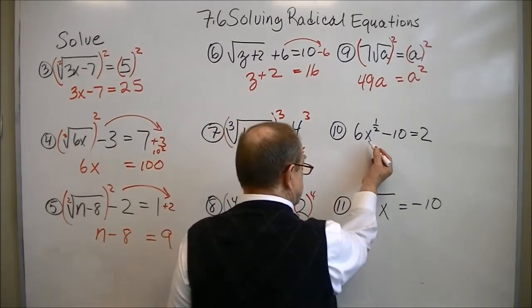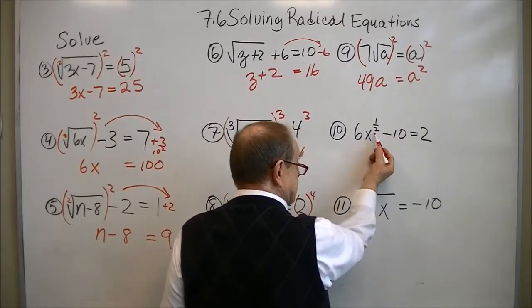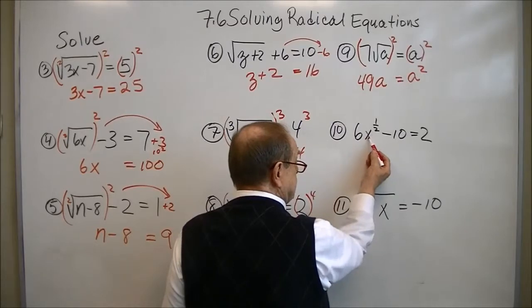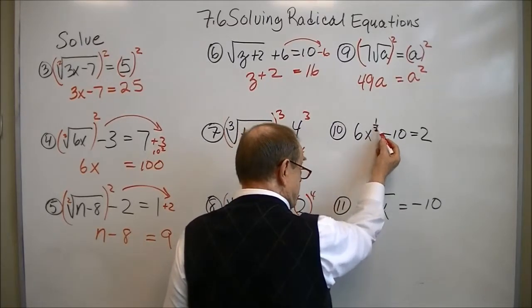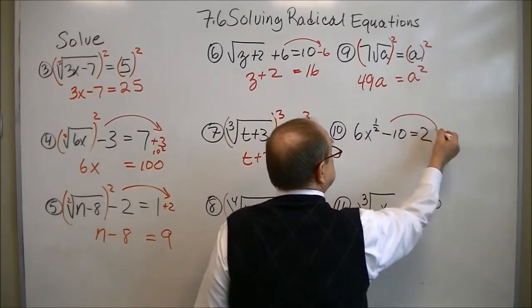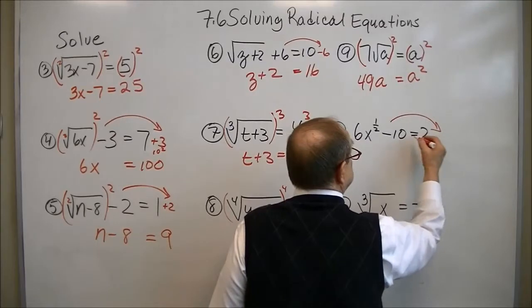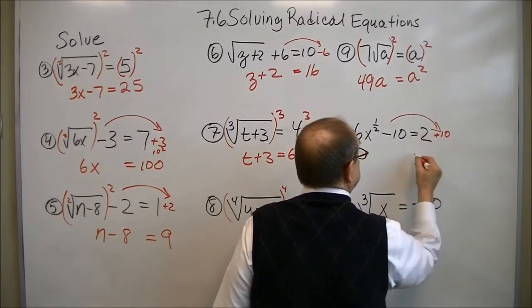Now here again, we want to isolate the radical. Well, there's no radical. In a sense, can you see this is the square root of x here? The 1/2 power is the square root of x. Okay, we're going to get rid of this by bringing it over to the other side. This becomes a plus 10 there.